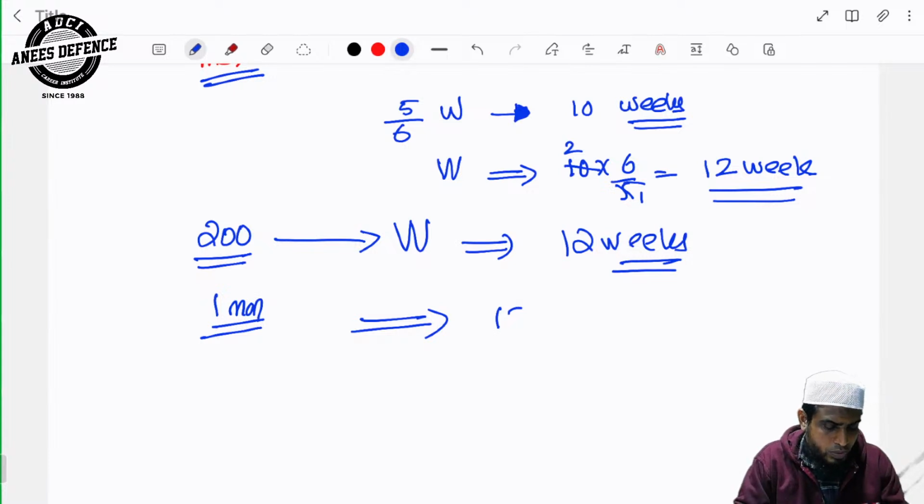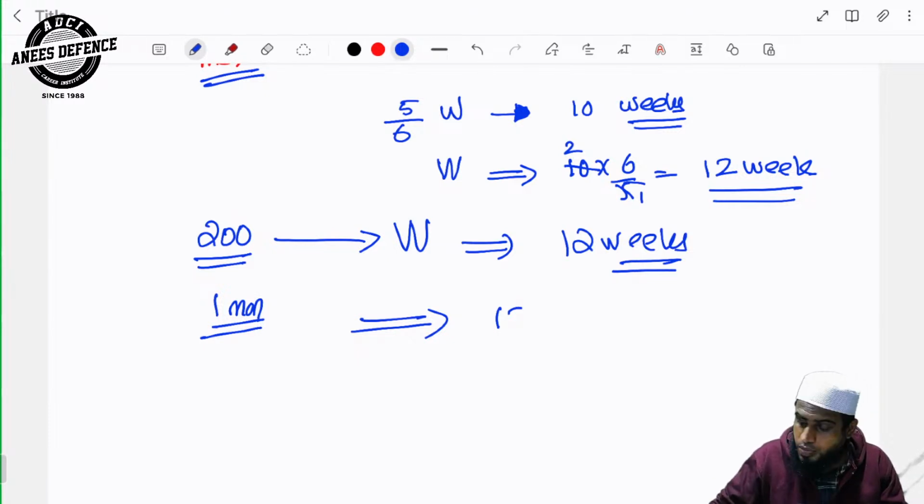Due to COVID lockdown, work was stopped for 6 weeks. Due to the flood, half of the work done was wasted. So already 10 weeks have gone. Then due to COVID lockdown, already 16 weeks of work time has passed. Due to flood, half of the work done was wasted.